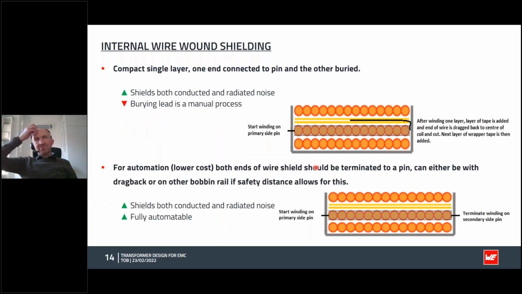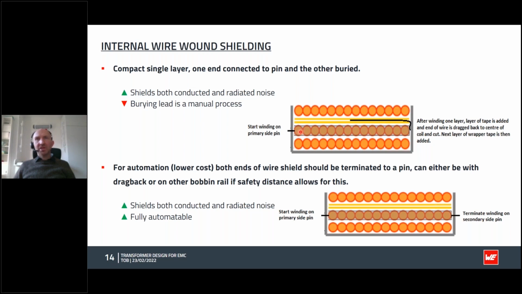It's a little bit expensive to implement. It's kind of a very manual process. Is there a cheaper way to do something like that and maybe get similar results? And the answer is yes again. So one way is to do a winding shield. This would be a very thin wire wound very, very tightly across.